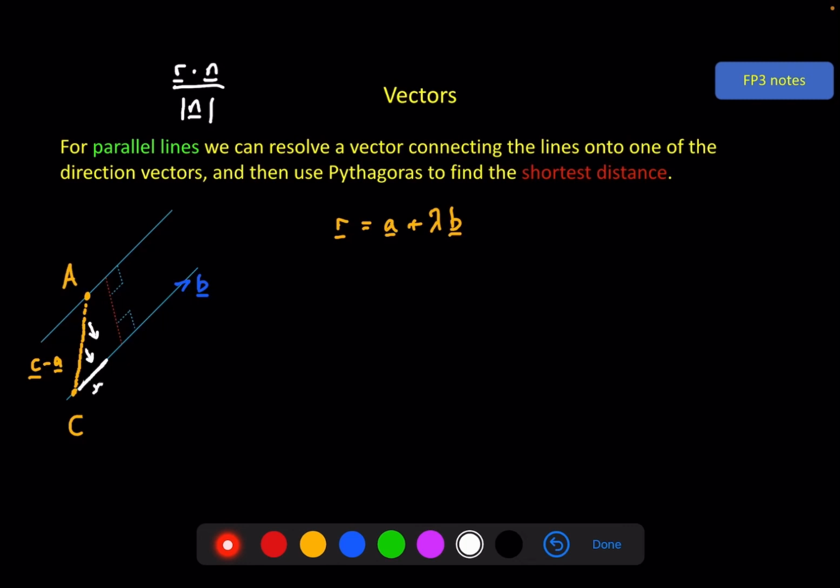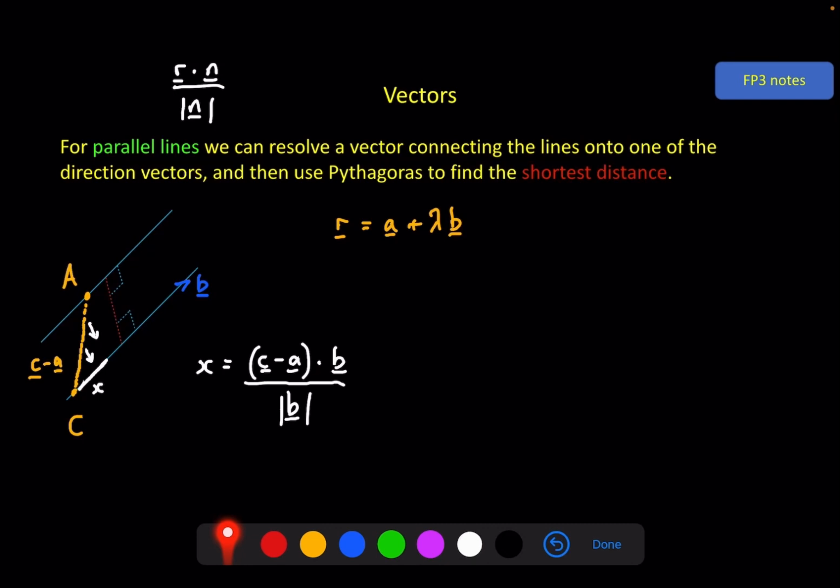And if I call that x, then I can write x is equal to C minus A projected on the direction B. So it looks a little bit different to this because this vector is C minus A, but it's the same idea.